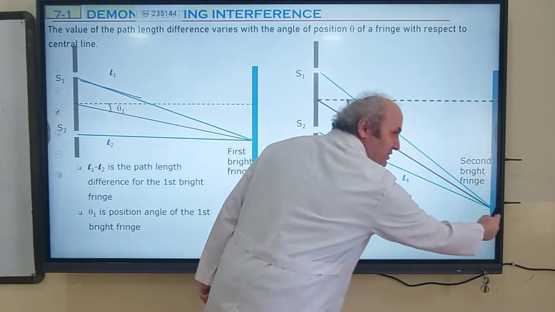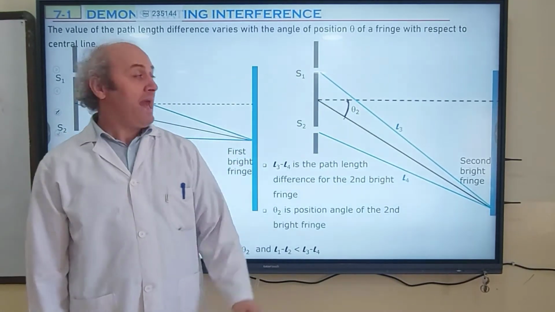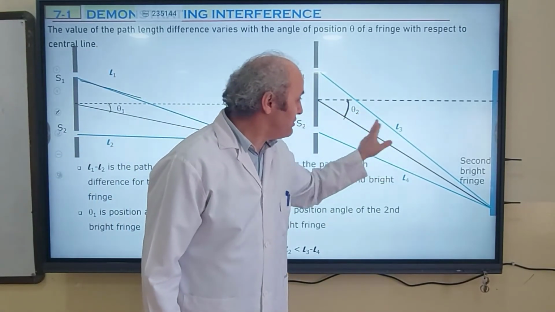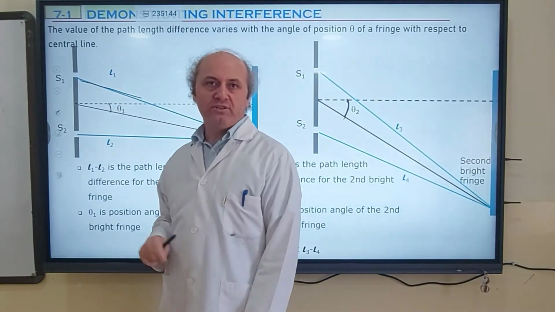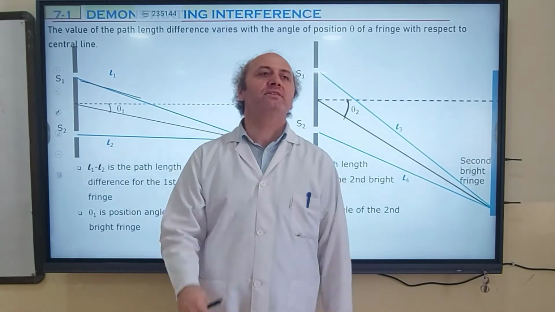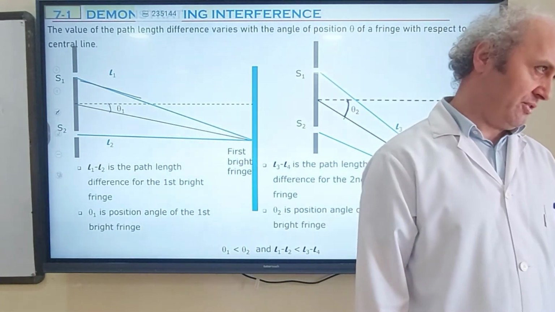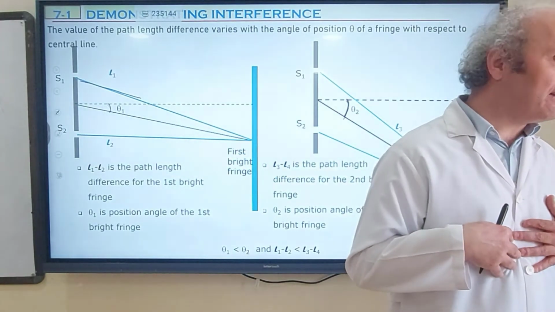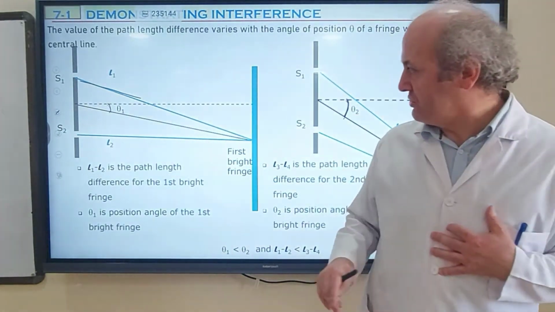L3 minus L4 is the path length difference for the second bright fringe. L3 minus L4 is greater than L1 minus L2. So as the angle increases, the path length difference also increases.